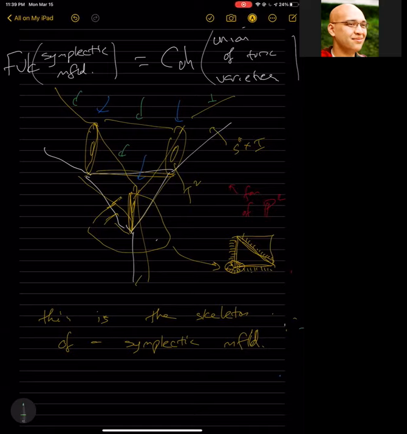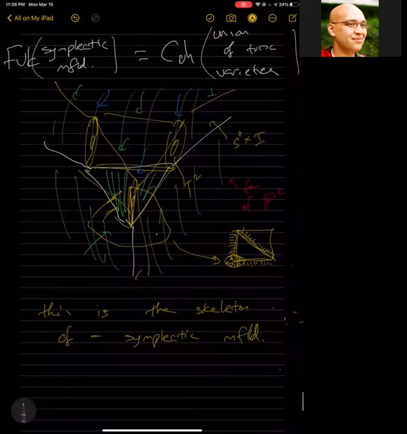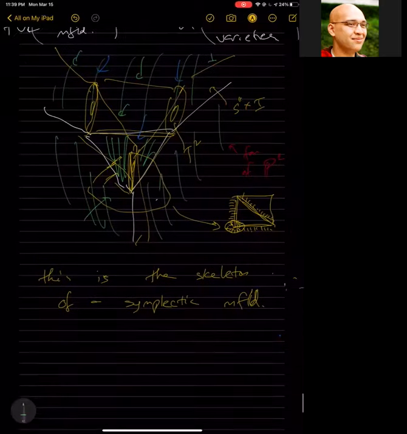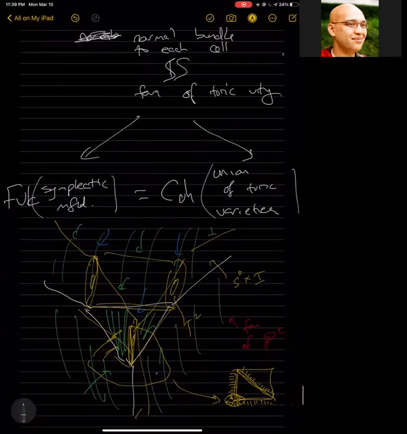And then the next step is you have to do something about these ones, and that's just a two-handle attachment. Specifically, I attach this two-handle, and you haven't seen the ends of these two handles, but these ones also. And so on, and then you build up the manifold in this way. And the resulting manifold, essentially by construction, is just glued together of these pieces, which I already understand, and thus you get this equality.